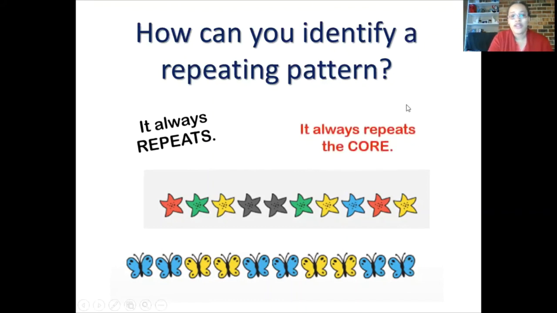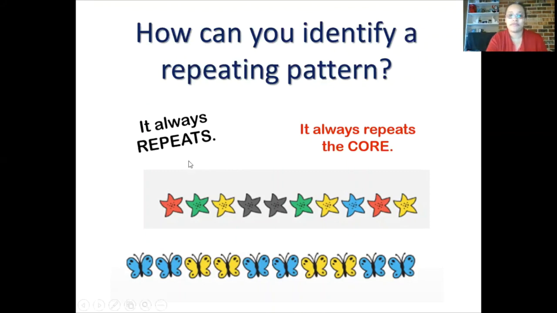It always repeats the core. We saw that word in our learning goal today, the core. The core is the part of the pattern that repeats. So a repeating pattern repeats over and over again, and the core is the part that repeats.